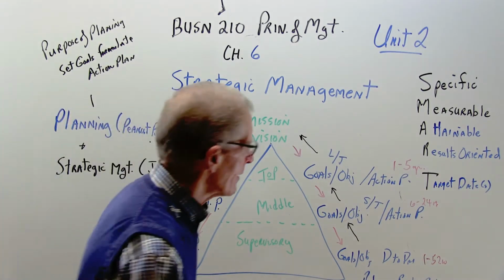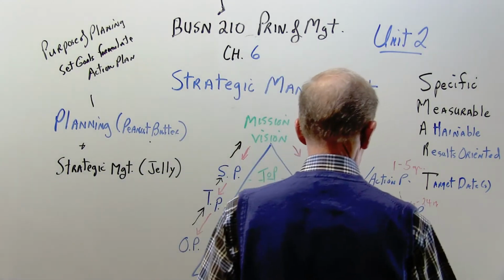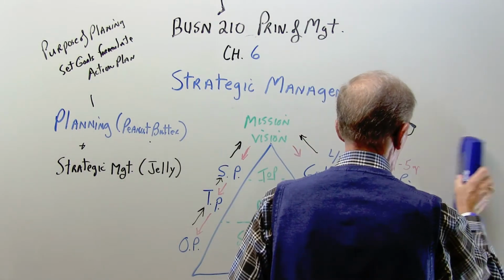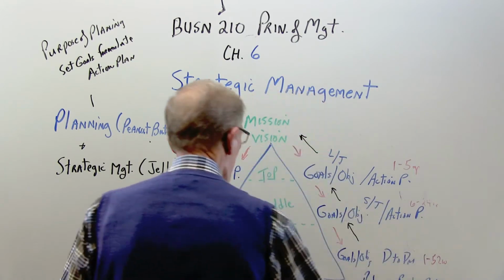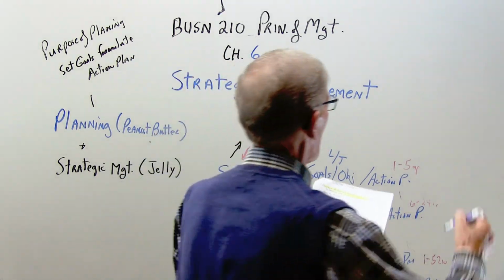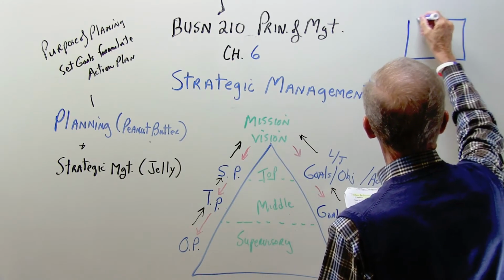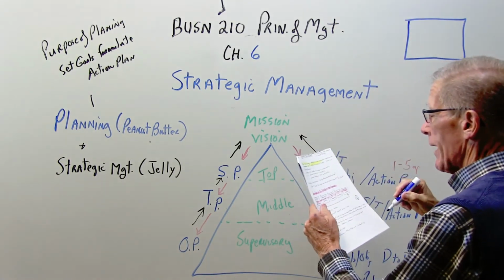Well, let me just go ahead and put this right up here. And I'll do them, and I apologize for my back, but I didn't want to put this up here until we talked a little bit about chapter 5.